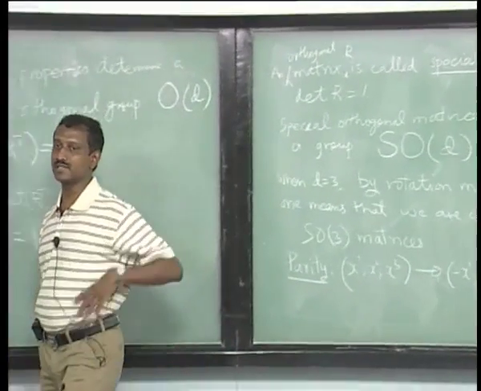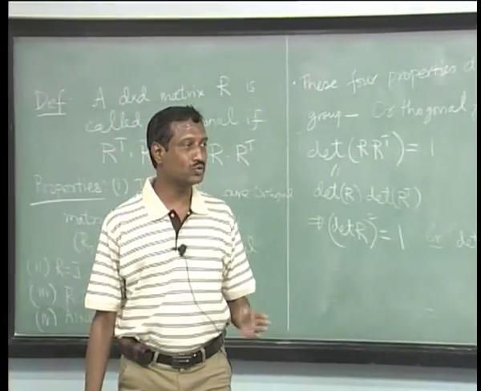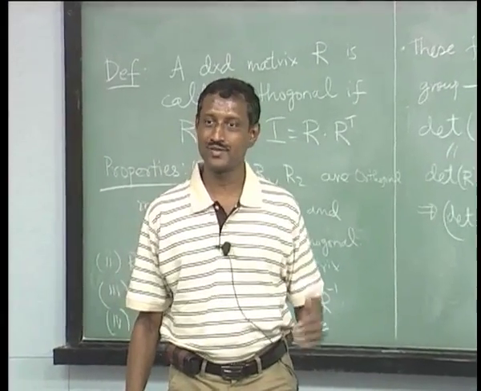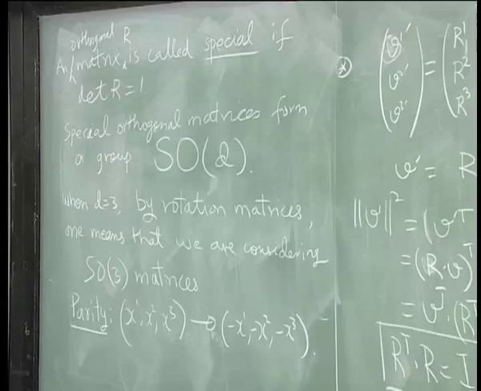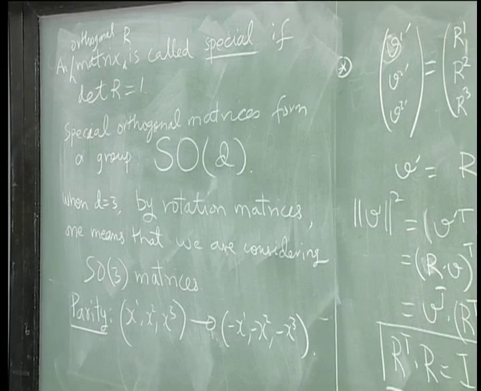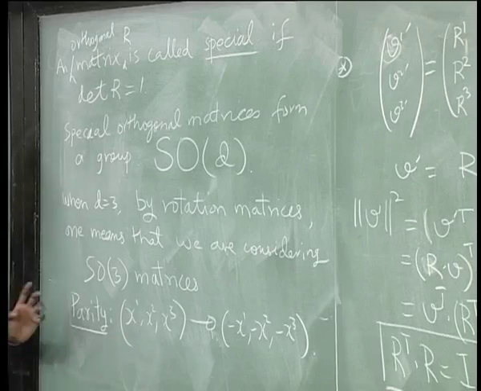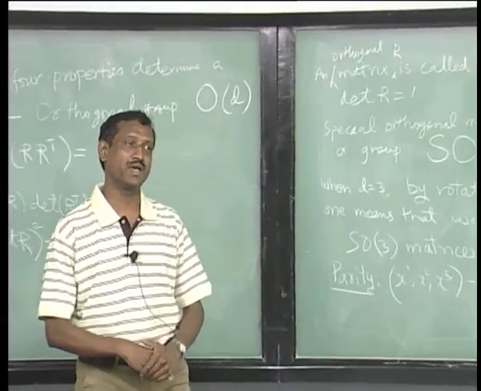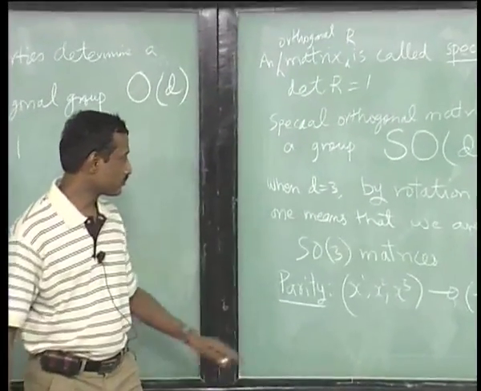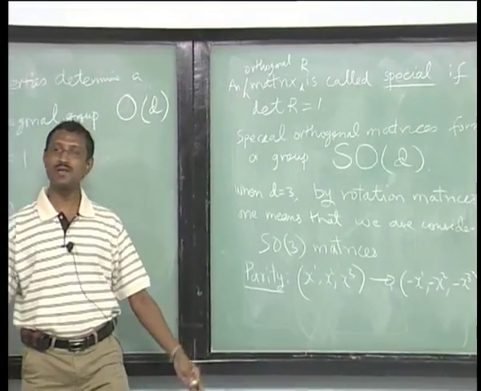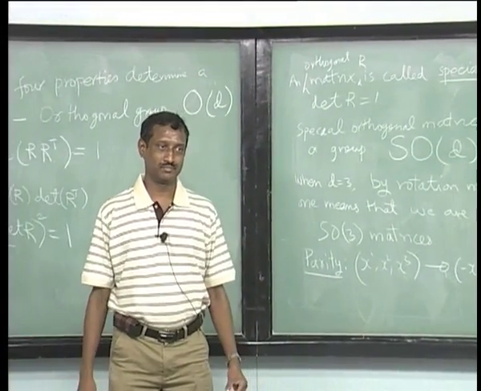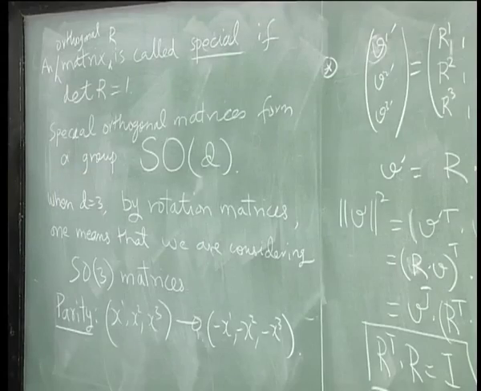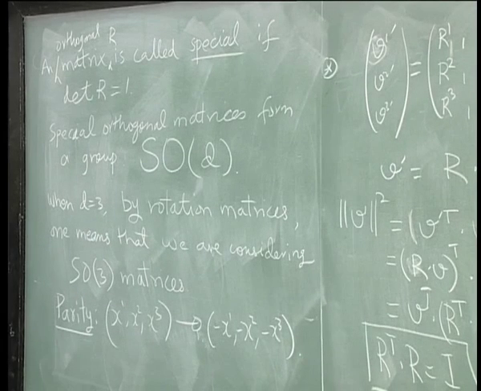If it were in even dimensions, suppose you are in 2 dimensions, if x1, x2 goes to minus x1, minus x2, that has determinant plus 1. So, that is not a determinant minus 1 matrix. So, you should remember this important point, that parity is not defined by just reversing the sign of all coordinates. This is a very common mistake among people. In 3 dimensions you could do this, but simpler is to just choose a mirror reflection. Say x1 goes to minus x1, all the other coordinates are invariant. That would be an example of this thing.